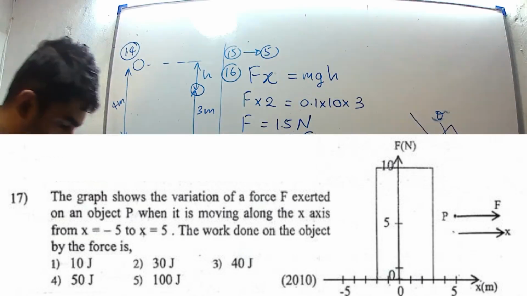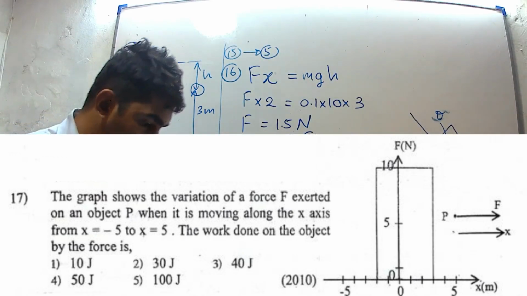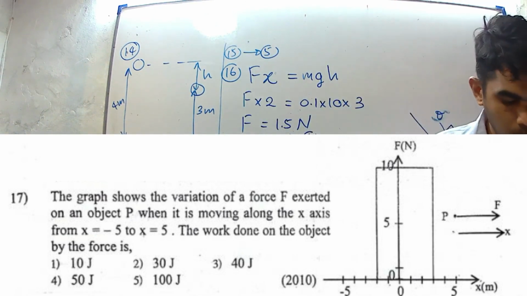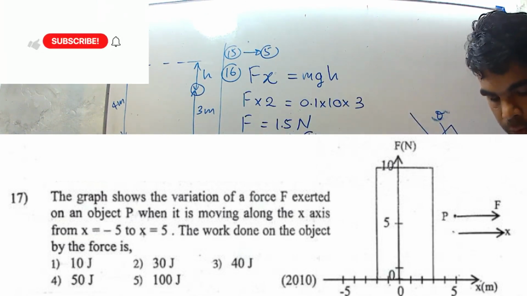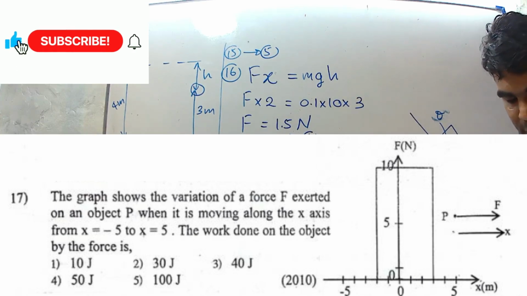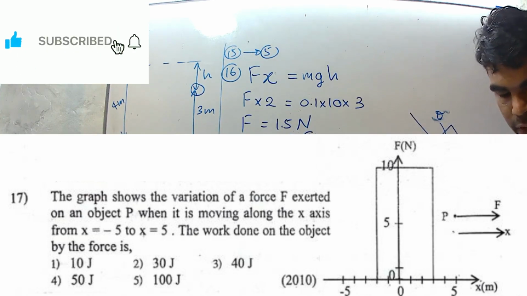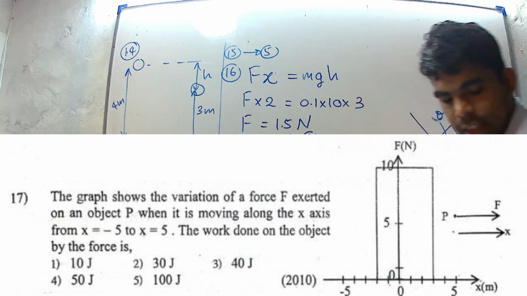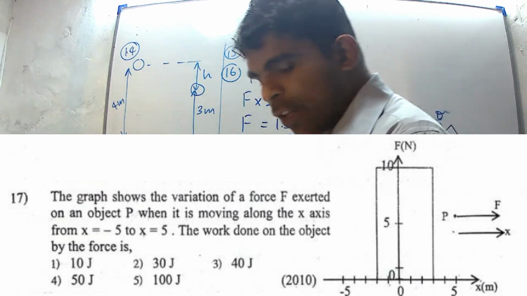Question number 17. The graph shows the variation of force F exerted on an object P when it is moving along the x-axis from x equals -5 to x equals +5. Find the work done on the object by the force.